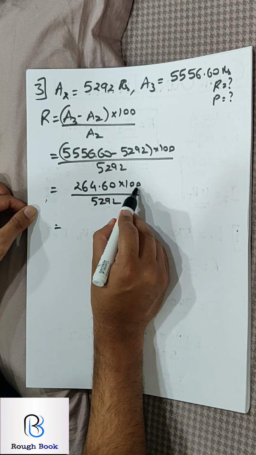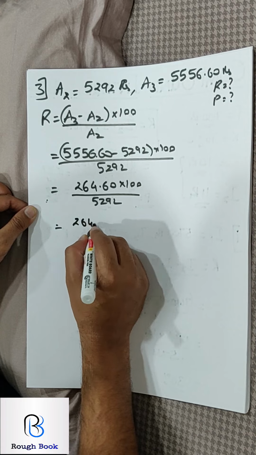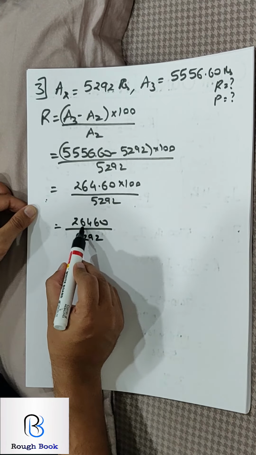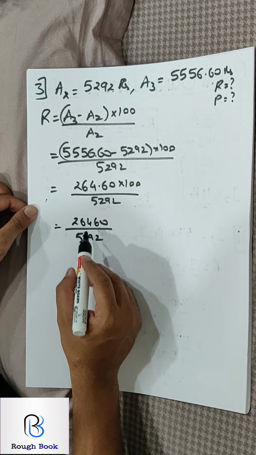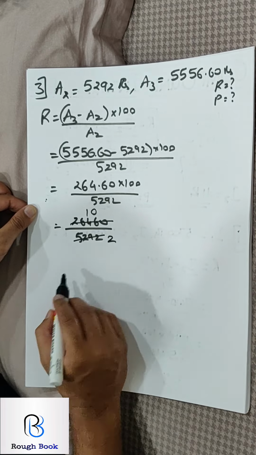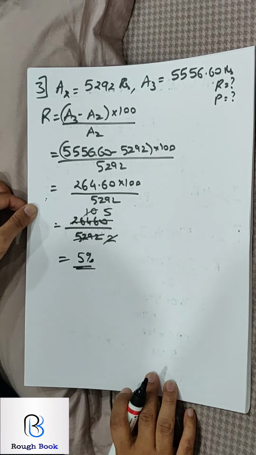I am taking one zero and one decimal, second zero, second decimal. So 26460 by 5292. If you are smart enough, 2646 doubled is going to be this. So ones are 1 and 0, so 10 times twice. 2 ones are 2, 5 twos are 10. So I managed to calculate my rate.